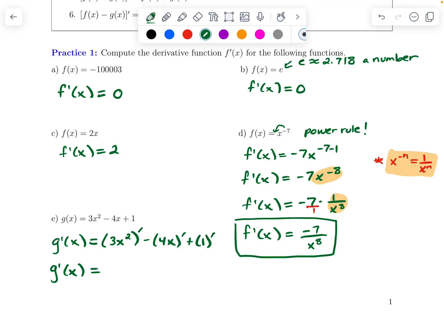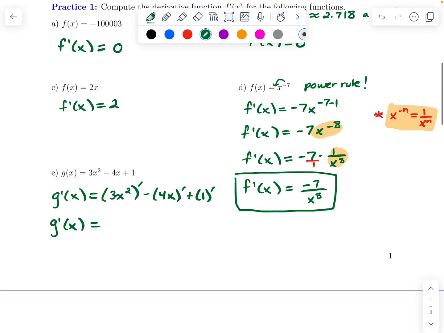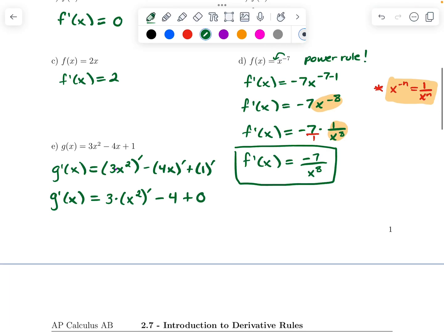Okay. And so see how I have 3 times x squared? So I have a number times a function. So using this rule here, rule 4, I'm going to copy the constant times the derivative of the function. So I'm going to copy the 3 times the derivative of x squared minus the derivative of 4x is just 4 plus the derivative of a constant, which is 0. Okay, so a constant by itself, the derivative is 0. But if I have a constant times a function, that's where I copy the constant times the derivative of the function. So you're kind of seeing the differences there.